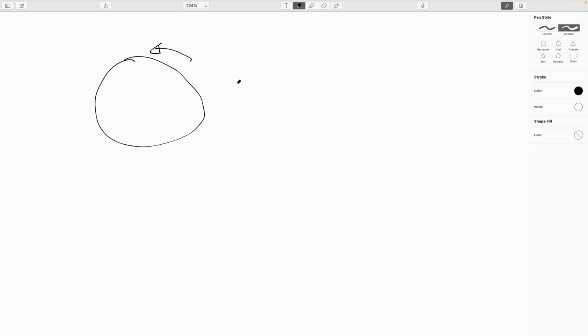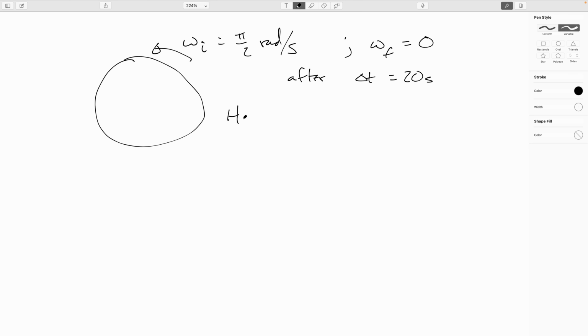So let's say that it was initially going at pi over 2 radians per second, and it goes to a stop, so final angular velocity of 0 after 20 seconds has elapsed. So what I want to know is how many revolutions did it make in this braking process.